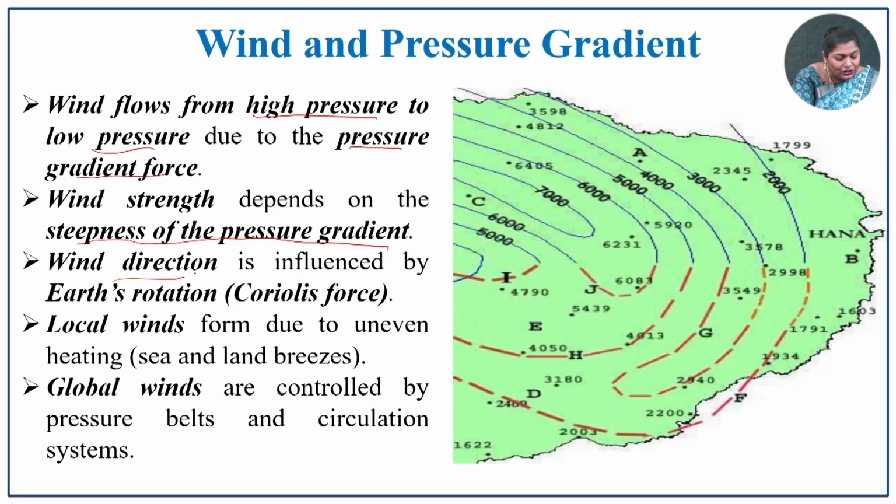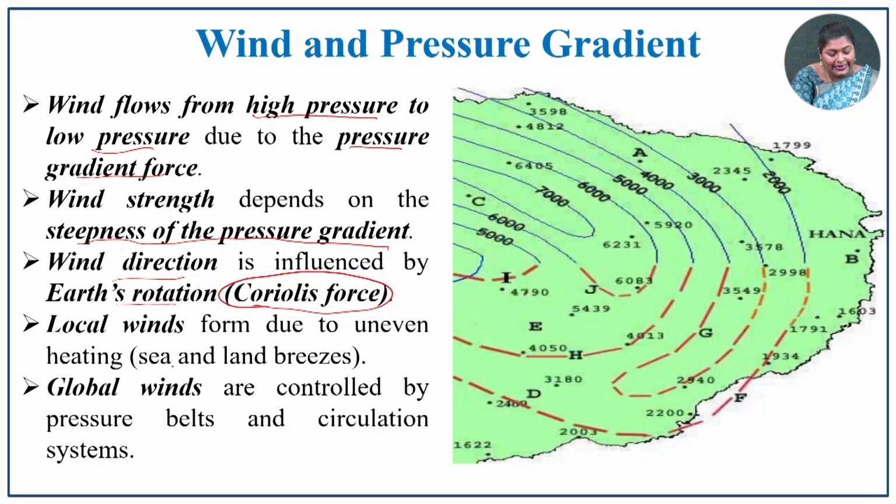The wind direction is influenced by earth's rotation, that is Coriolis force. The direction is always determined by Coriolis force because it deflects the direction of wind. The local wind, that is sea and land breeze, because of uneven heating there is a contrast in the local winds.